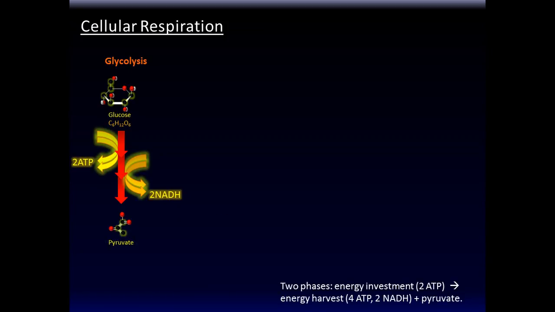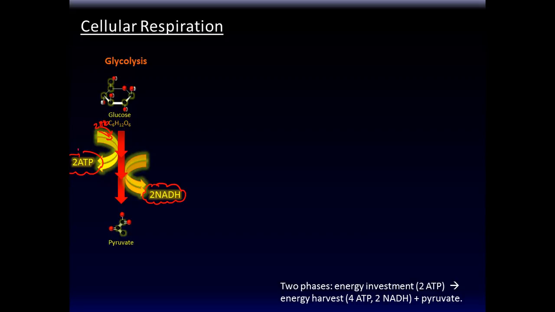Now, this process, glycolysis, going from glucose to 2 molecules of pyruvate, gives 2 NADH, which will eventually donate the electrons to the electron transport chain. This process generates a net of 2 ATPs. In other words, the first part of the process actually requires 2 ATPs, and then it generates 4 ATPs.